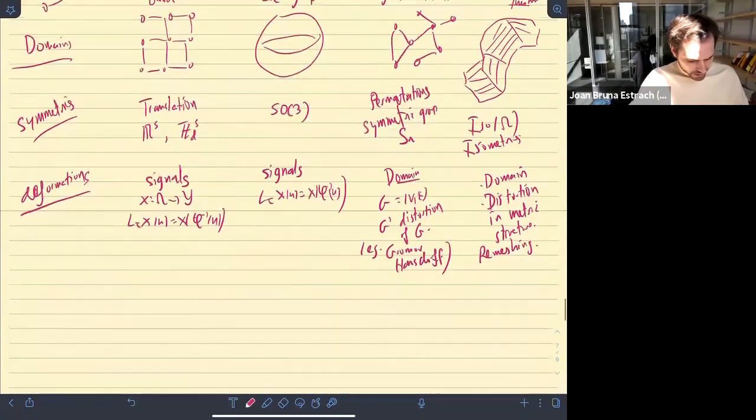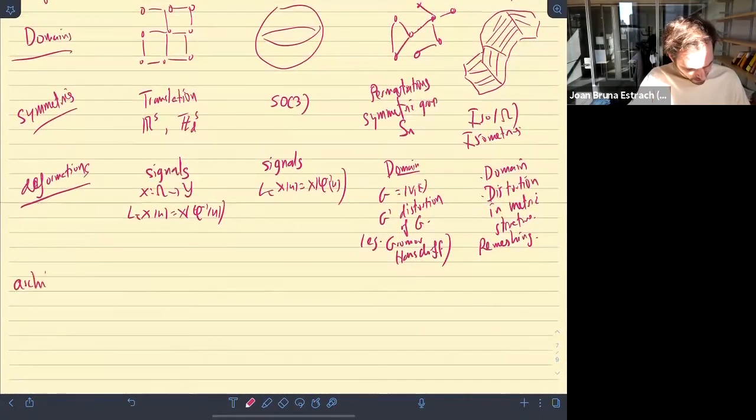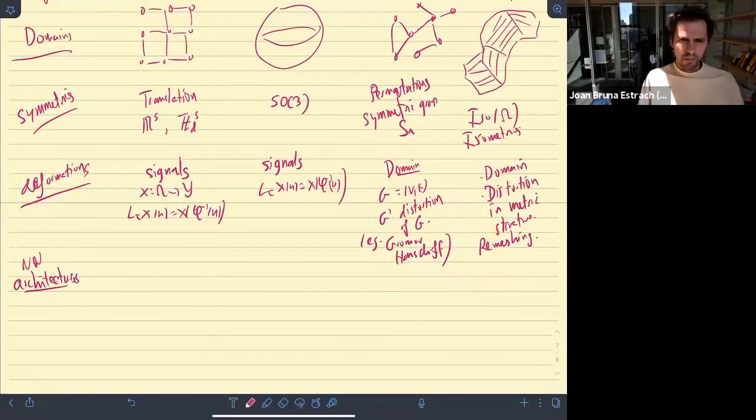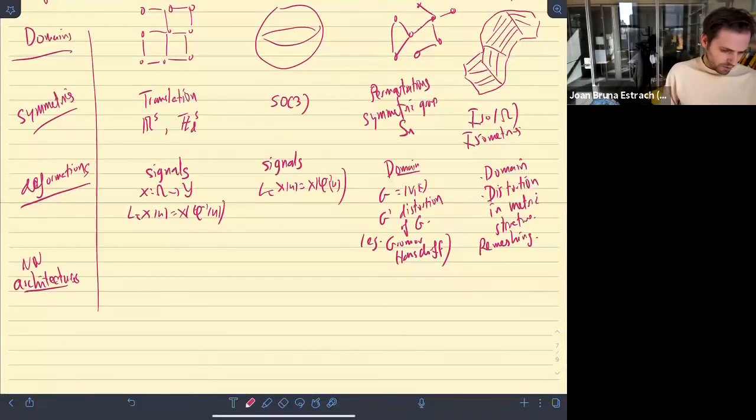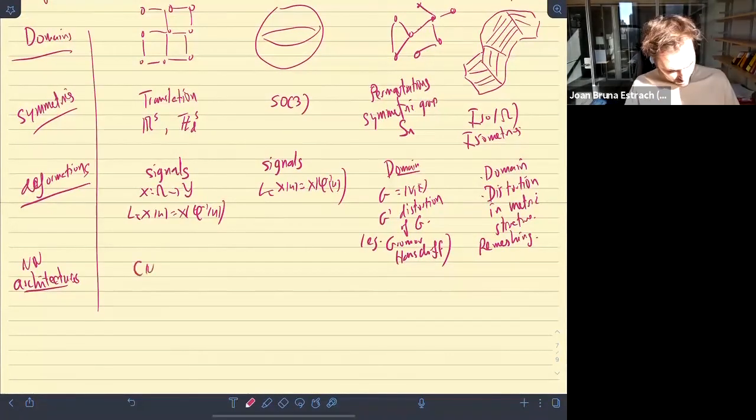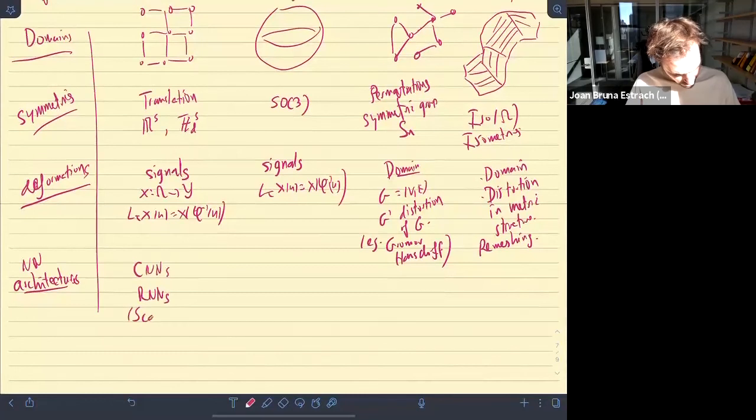And so what are the kind of architectures that people have used that really fall into this umbrella? Of course here we have CNNs, RNNs. We of course have the scattering transform that I presented.